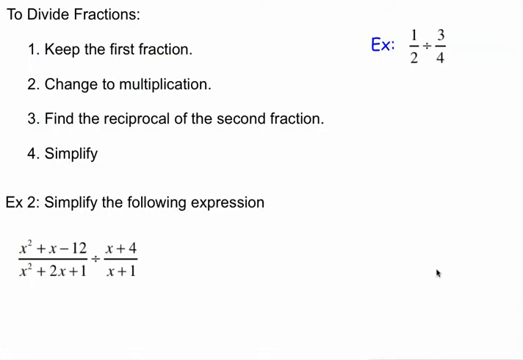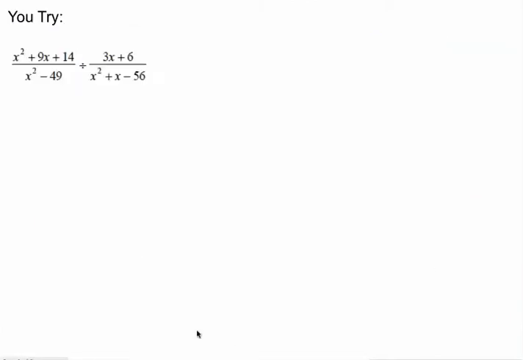So now that you've seen that, you're going to try the next example on your own. So pause the video and try this example, and then we'll go over the answer. Okay, so hopefully you've tried this one on your own. I'm now going to show you the solution.